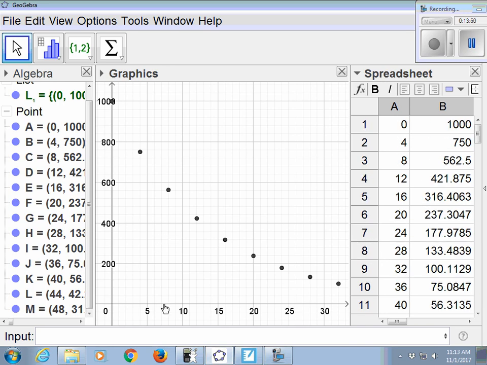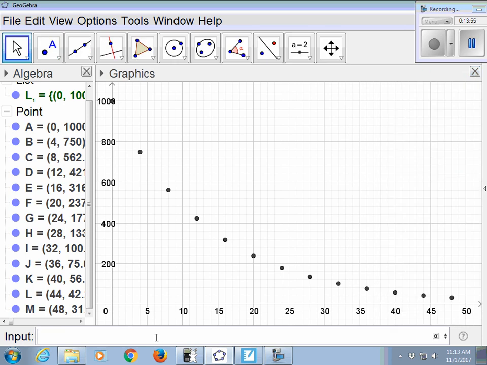And then if I look at a graph of this, I wrote a formula, so I could graph it. A of t equals 1,000 times 0.75 to the t over 4. But actually, I think GeoGebra requires you to use x as your independent variable.